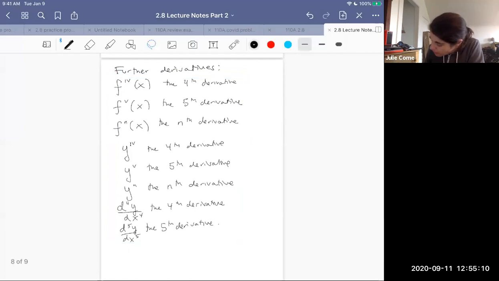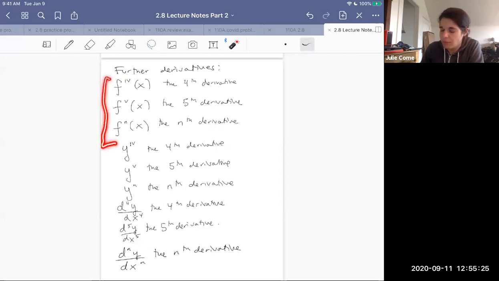I have d to the power n y over dx to the n, we have the nth derivative. Now, most of the time when we start using higher order derivatives, we're most likely to see it written in terms of f, or maybe in terms of y primes if it's not a super high derivative.